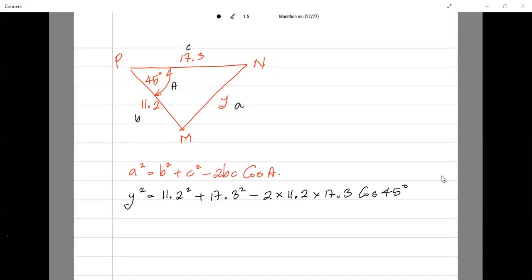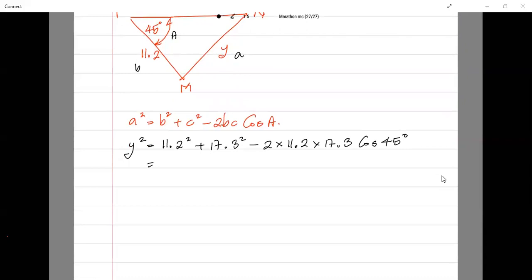Now all we have to do is work this out and don't make any mistakes. 11.2 squared is 125.44 plus 17.3 squared, which is 299.29 minus 2 times 11.2 times 17.3, 387.52, times the cosine of 45 degrees.